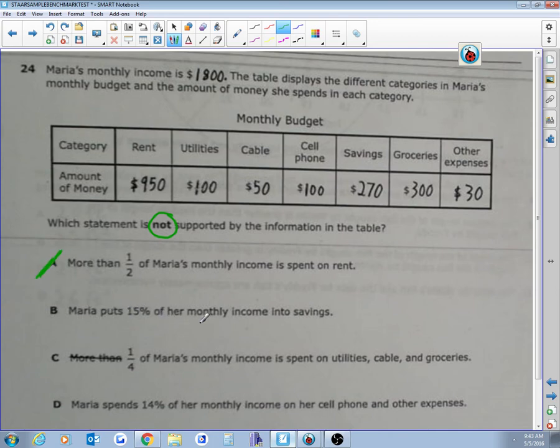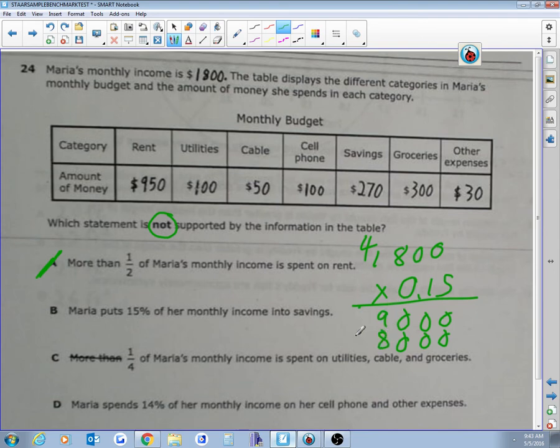Maria puts 15% of her monthly income into savings. Well, 15% of 1,800 would be 0.15. That's our 15%. Of means multiply, times 1800. 5 times 0 is 0, 5 times 0 is 0, 5 times 8 is 40, carry the 4, 5 times 1 plus 4 is 9, mark my spot, 1 times 0 is 0, 1 times 0 is 0, 1 times 8 is 8, 1 times 1 is 1.